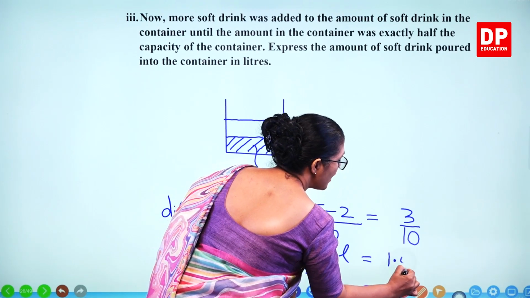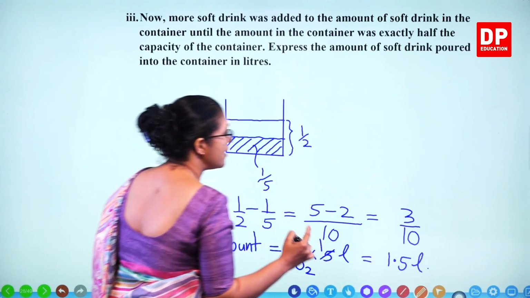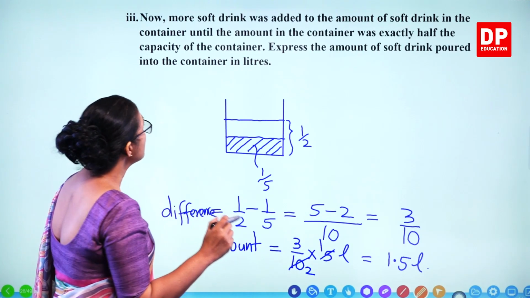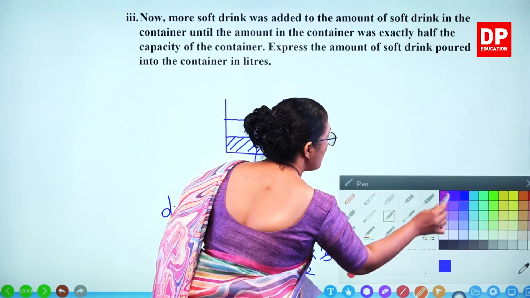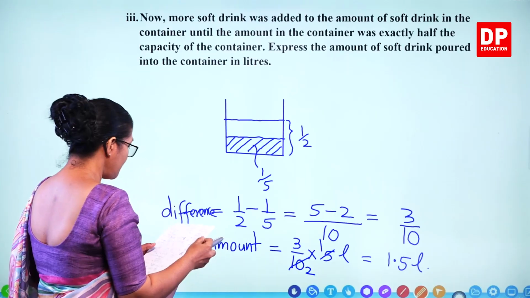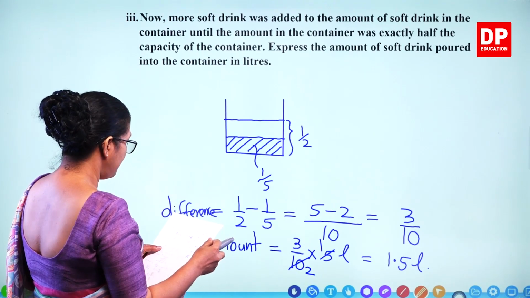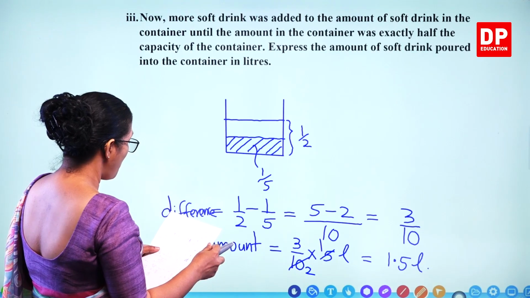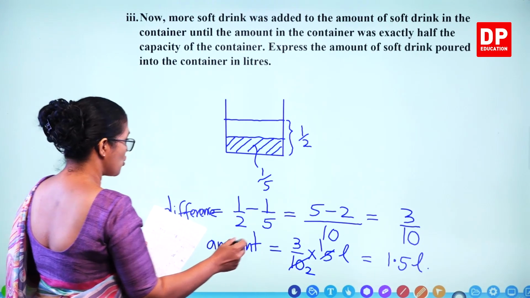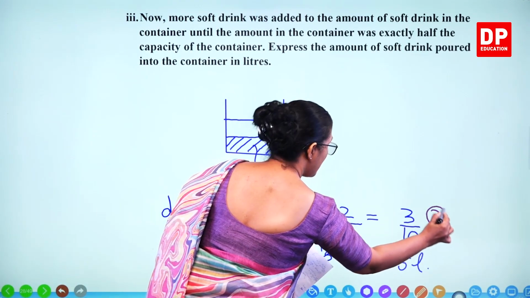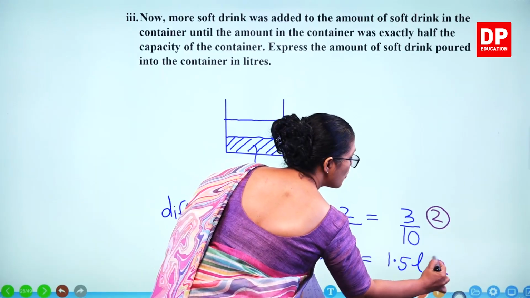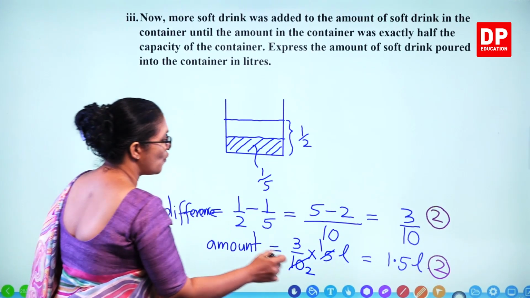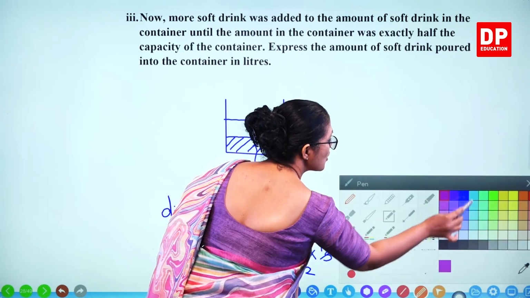That means 1.5 liters of soft drink you need to fill half of the container. So that's the answer. How many marks? You are getting another 4 marks. So getting the fraction 2 marks and finding the value 2 marks. So we gave earlier 6 and this 4, 10 marks for the first question.